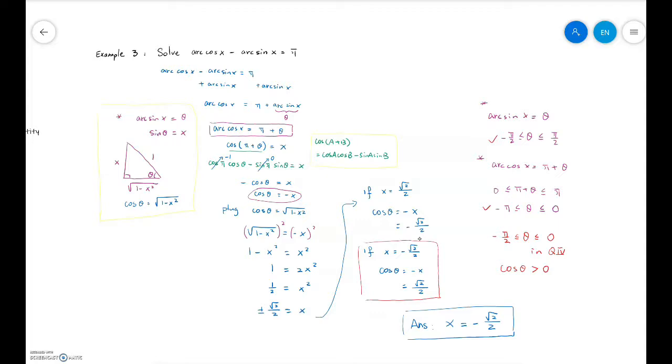And then we used the range of the inverse functions to figure out what the answer is for theta. Based on theta, we determine the sign of cosine theta, and then determine the proper x value.